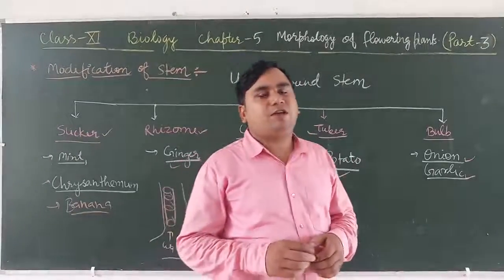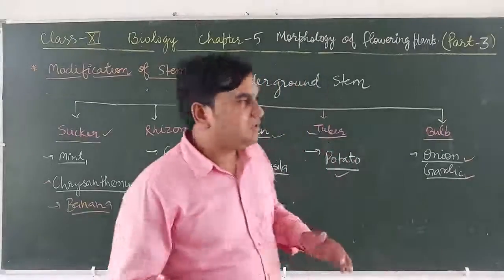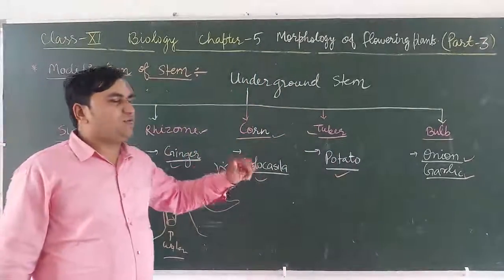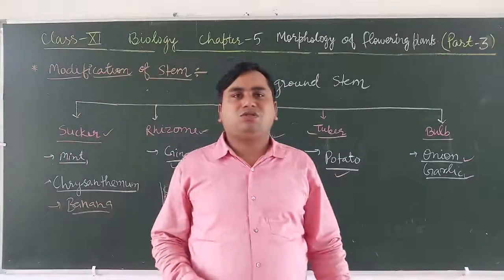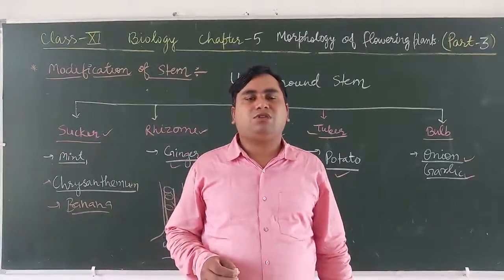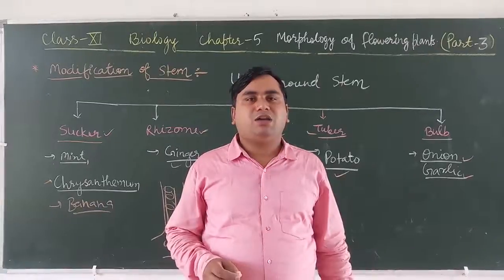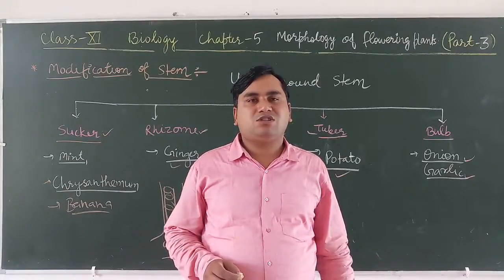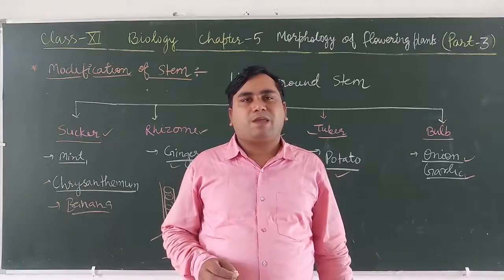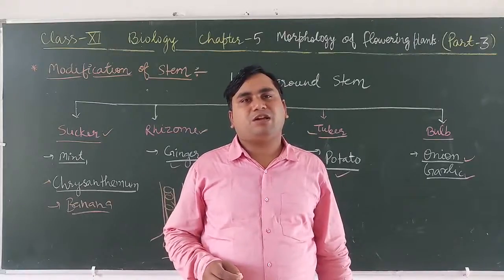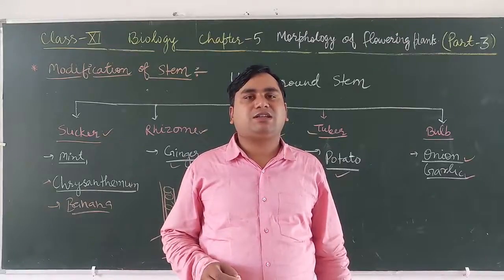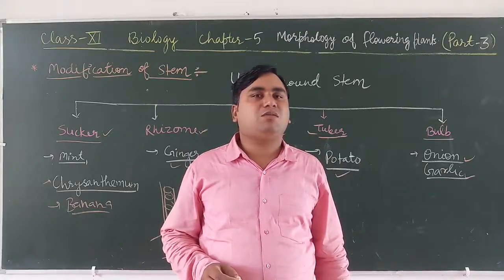It has different modified forms, like sucker, rhizome, corm, tuber and bulb, used for storing food material by different organisms, for example human beings. So this is all about the morphology of the plant, in which we covered the stem, its characteristic features, role and modifications.